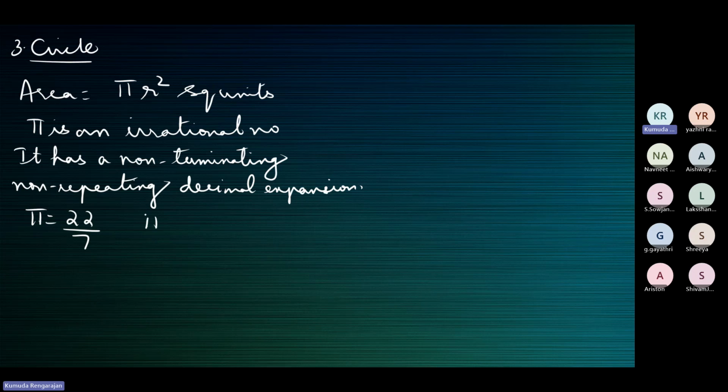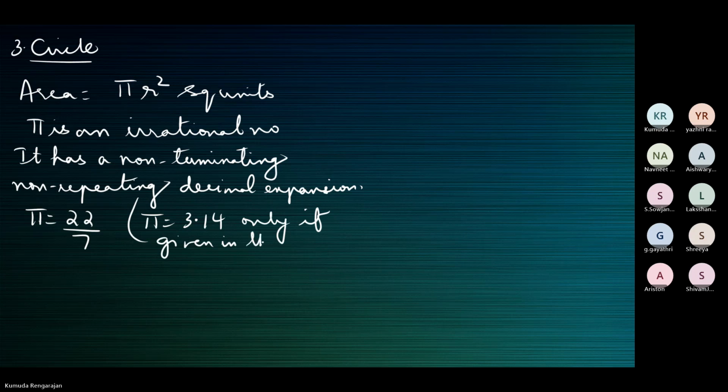You must take pi as 3.14 only if given in the question. It'll be mentioned in the question that you have to take the value of pi as 3.14. If that specification is given, then take 3.14. If nothing is mentioned, you have to go with 22/7.